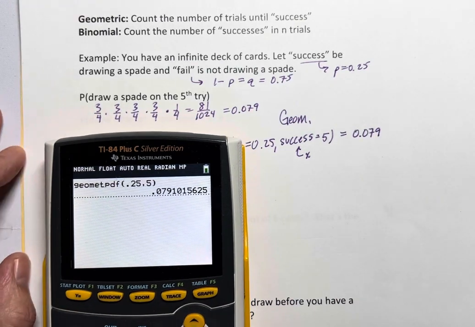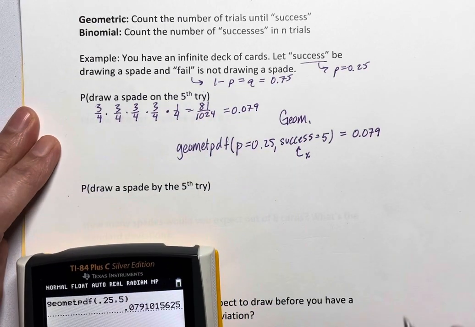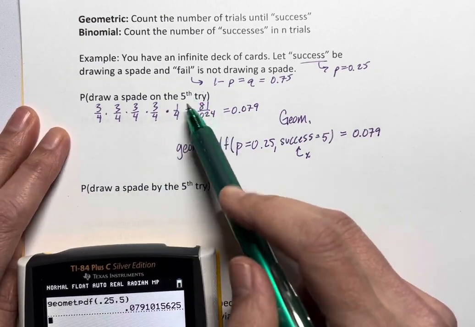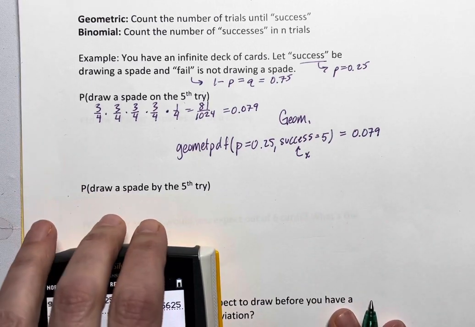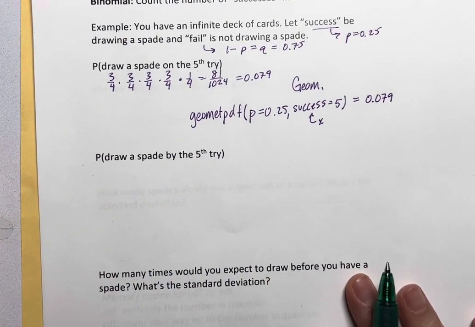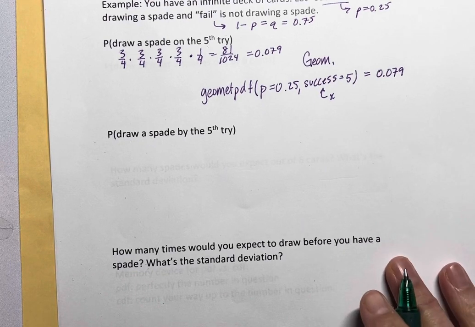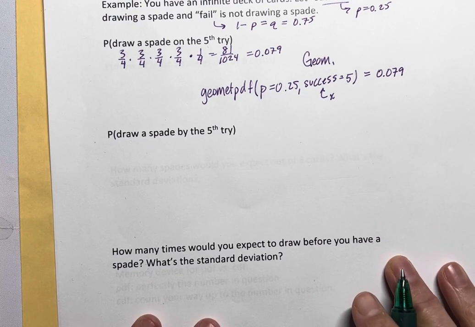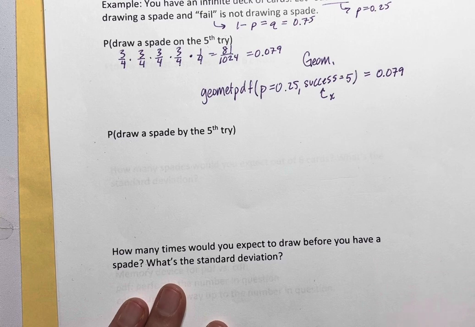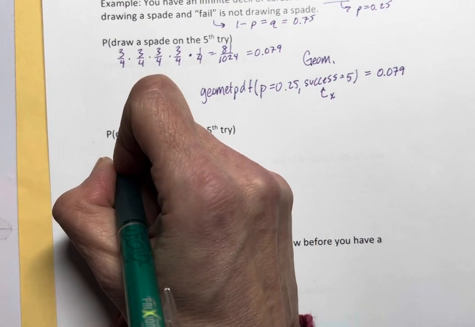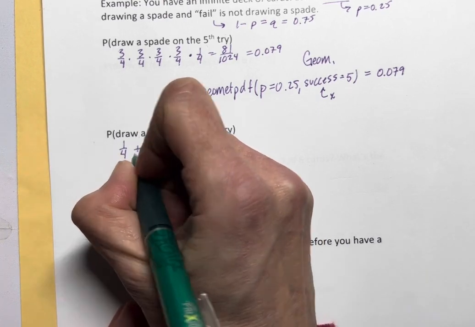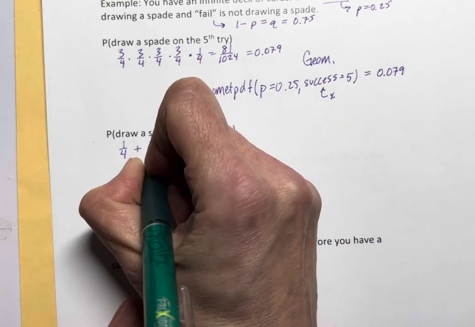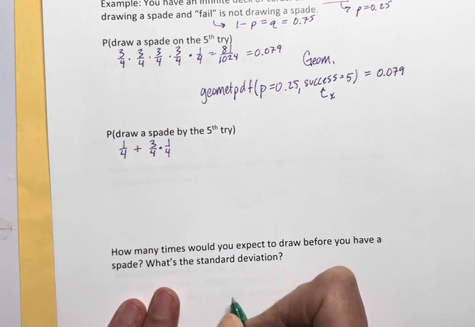So that's an example of getting exactly a success on the 5th try versus getting a spade by the 5th try. So that would be 1st try, 2nd try, 3rd try, and so on. We could do this by hand. It's great. It's really fun, I promise. You could be successful on your 1st card. Woohoo! Or you could go, no spade followed by a spade.